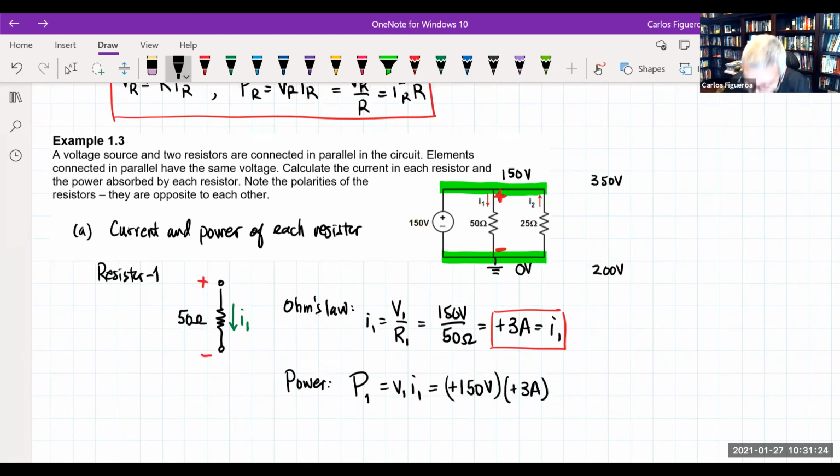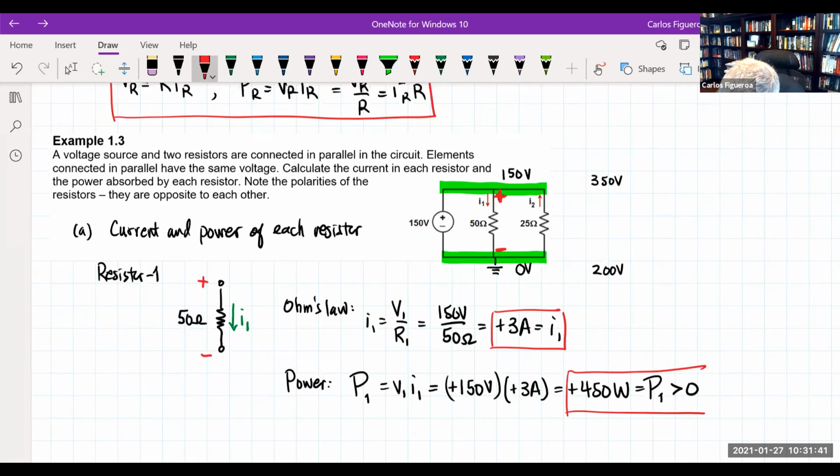Therefore, this gives me positive 450 watts. I'm going to write this as P1, and no surprise, it's positive, which tells me that this thing is passive, because the power is positive. The current is going through the positive terminal.